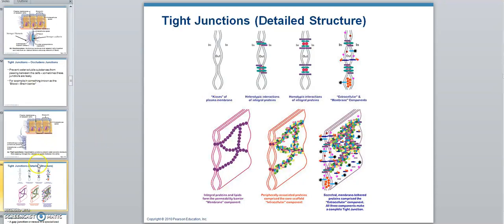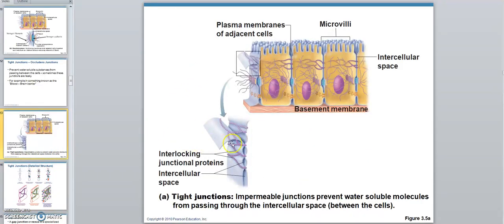So the phospholipids interchange, the heads of them, to give spots where this is occluded. This is lipid right in here. So that lipid would prevent water-soluble substances from going between. The tight junction, occluding junction.